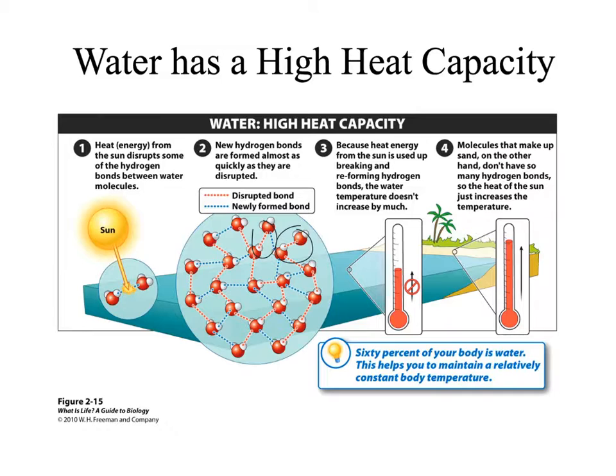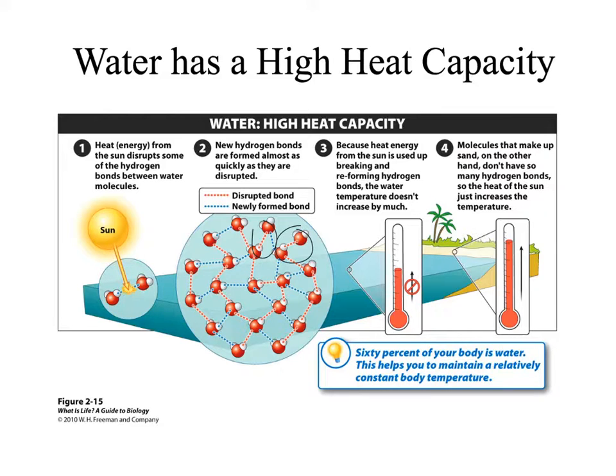In comparison, if we look at something like sand, sand has a very low heat capacity. The same amount of sunlight beating down on the hot sand at a beach will raise that temperature very rapidly. So, have you ever been to the beach and you've run across the sand and it's incredibly hot? You run to the water, splash in, and you're like, feels so good.